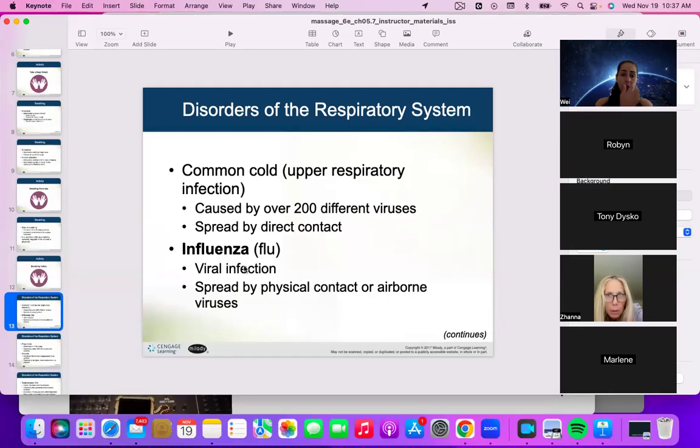Now, influenza is also a viral infection similar to the cold, but it's caused by different viruses. It can be spread through physical contact, and it can also be spread through the air. Symptoms of influenza are fever and achiness, maybe chills sometimes.